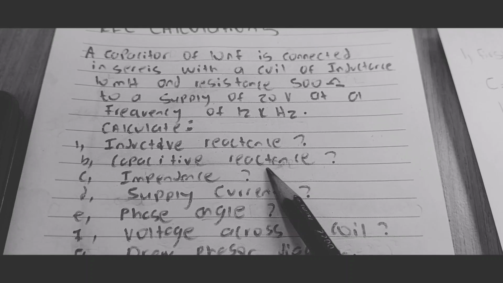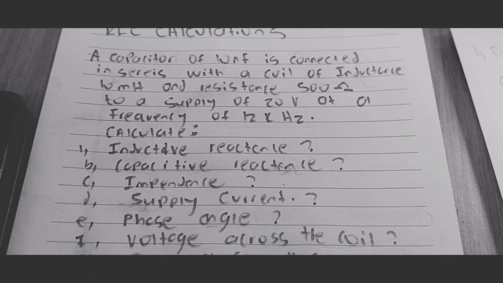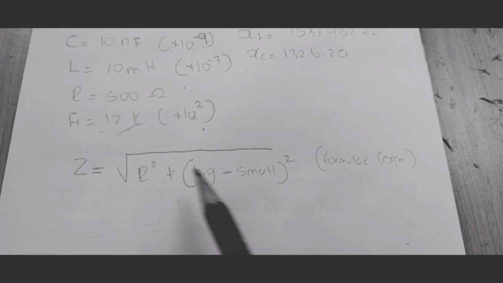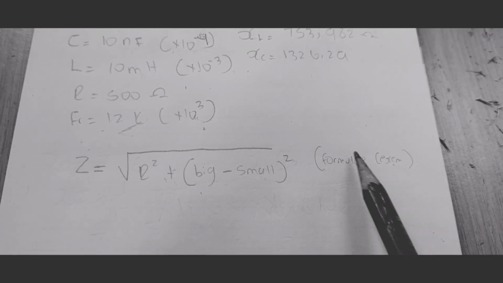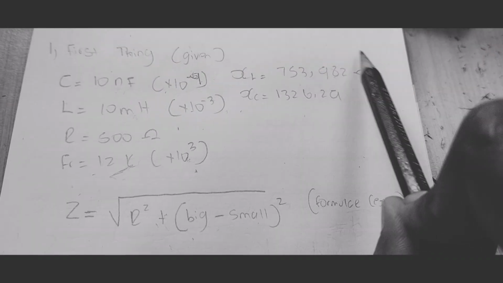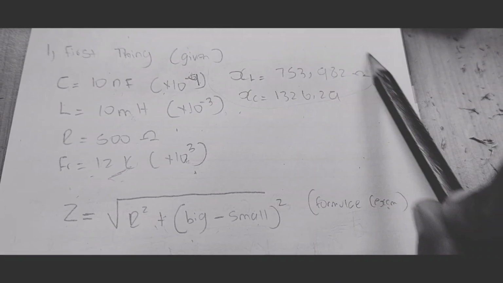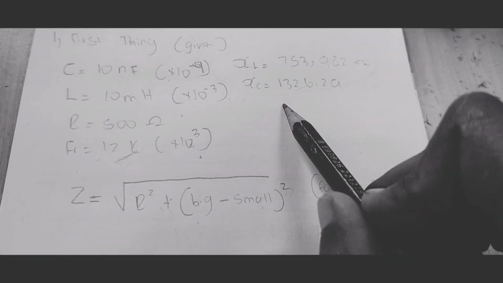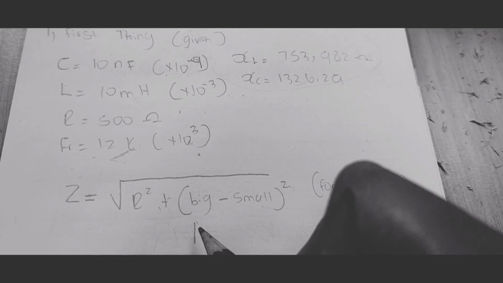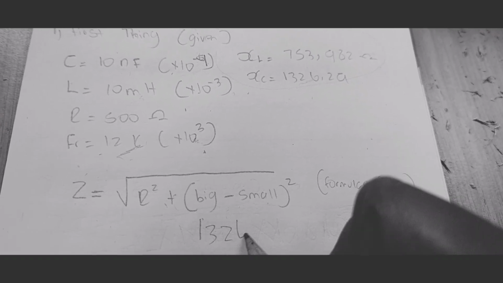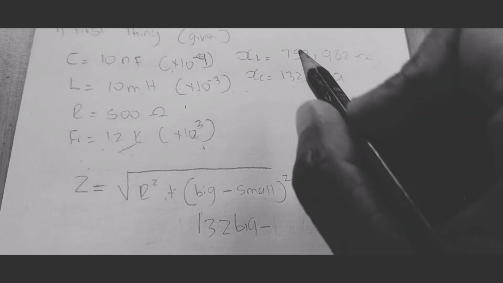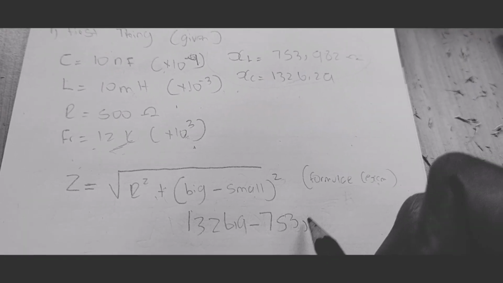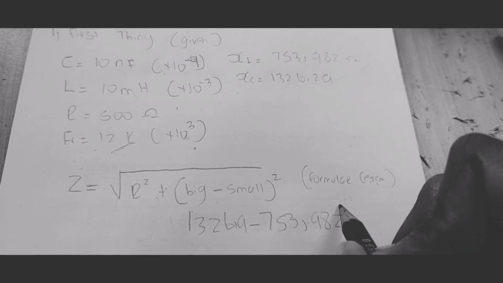And now we move on to calculate the impedance. Okay, the formula will be given. You just have to know how to apply it. You know that it's always big minus small, squared. So you choose between the reactances which one is big. So XL is big, so which means we'll minus XL from XC, you see. 1326.29 minus 753,982 squared.